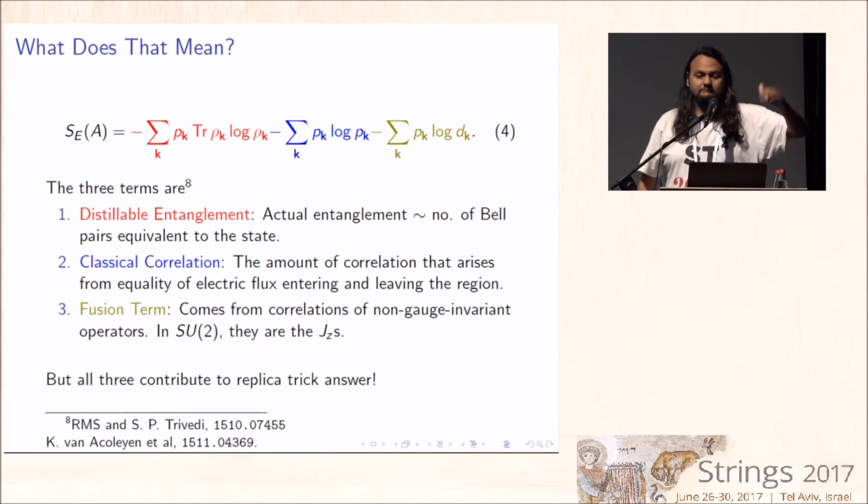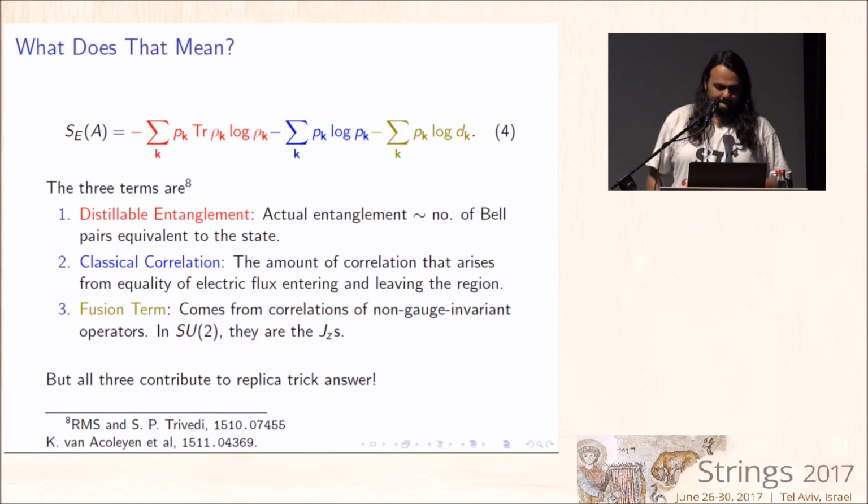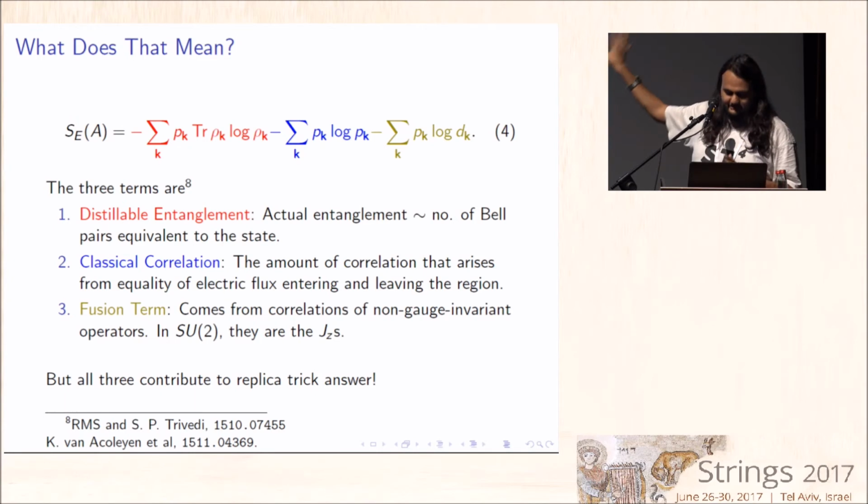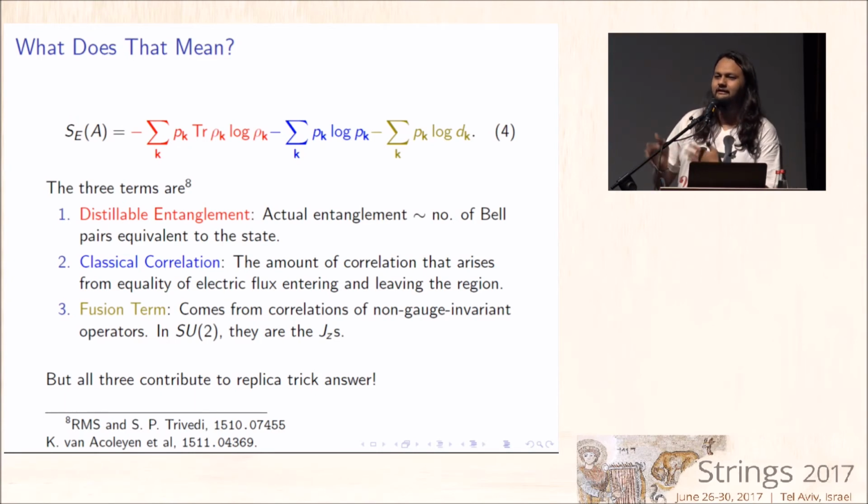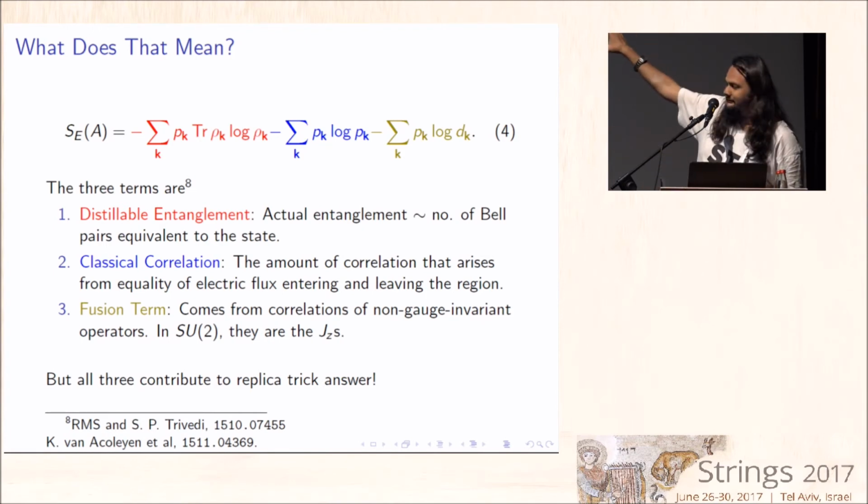So it's real correlation, but it's not entanglement, as Bell explained to us. The third term isn't even classical correlation. It comes from the correlations of non-gauge invariant operators. Of course, in an emergent gauge theory, it's still real correlation. But anyway, it's something that looks very non-physical.